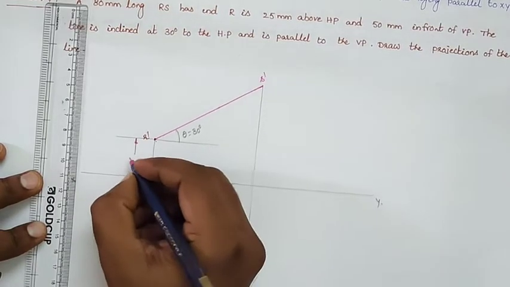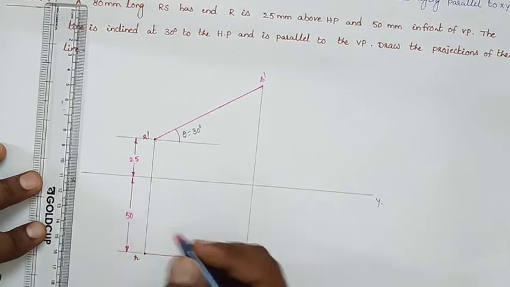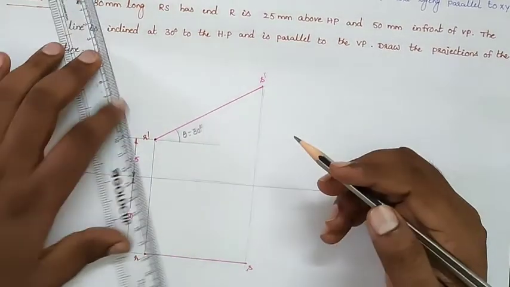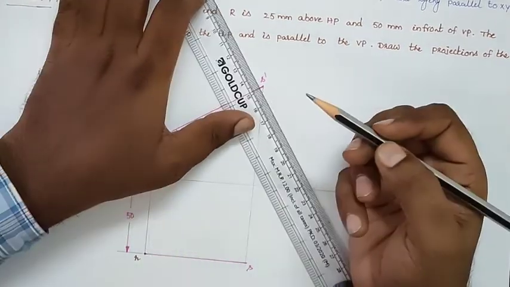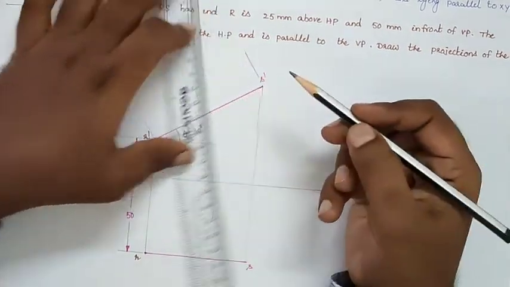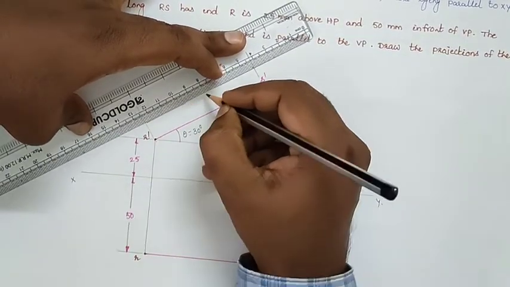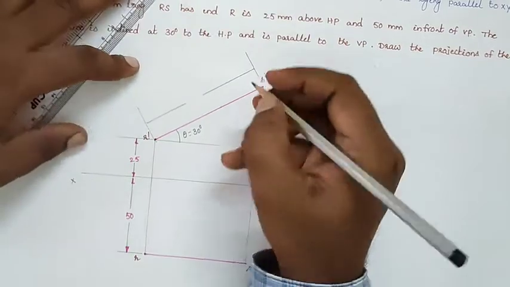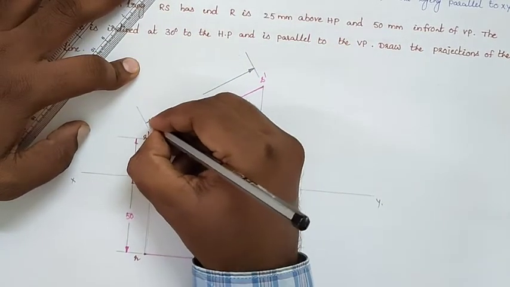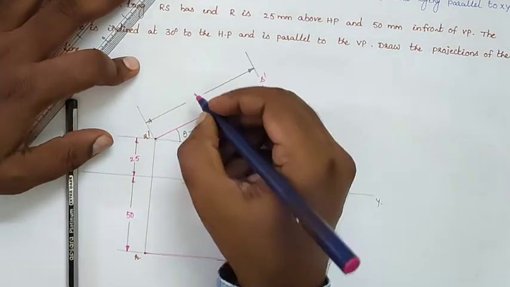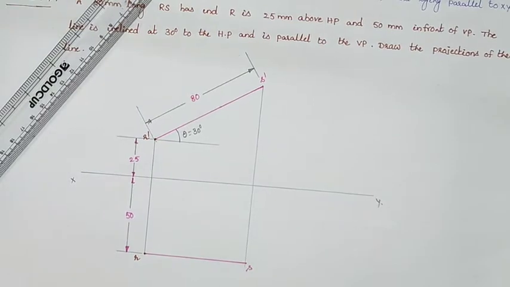They are giving the dimensions of R, 25 mm above HP and 50 mm in front of the VP. And also the true length of the line is given. We can draw it in an inclined manner. This dimension is 80. So like that we will solve the problem.